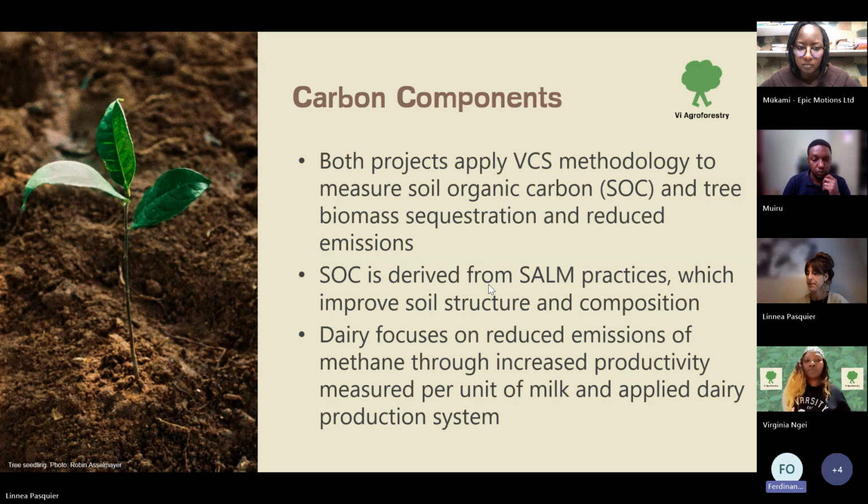This one helps us measure the soil organic carbon and also the tree biomass. When we say soil organic carbon, this is about practices that we do in the farm, sustainable agriculture land management practices, which are aimed at improving soil structure and soil composition so that we can increase yield.